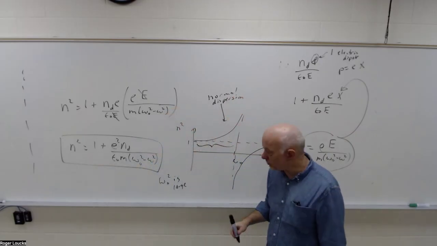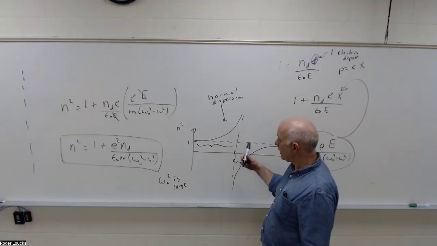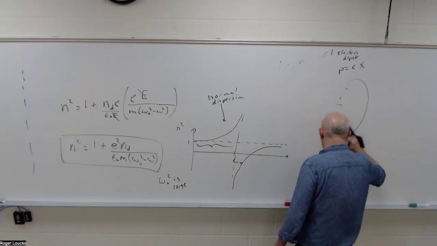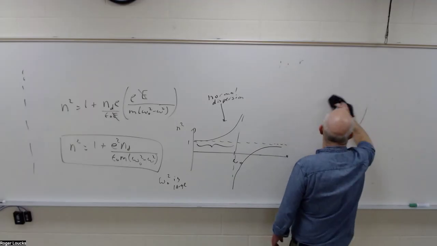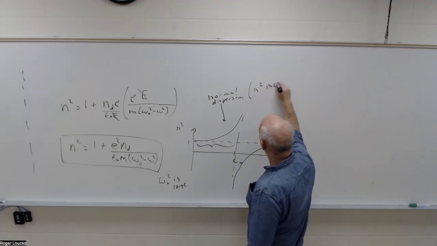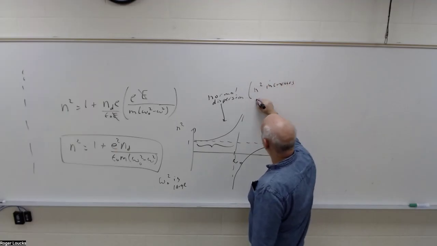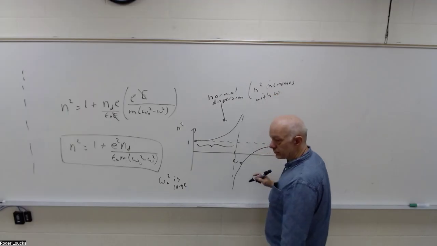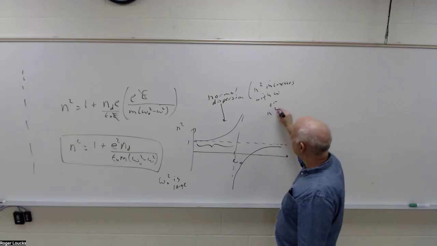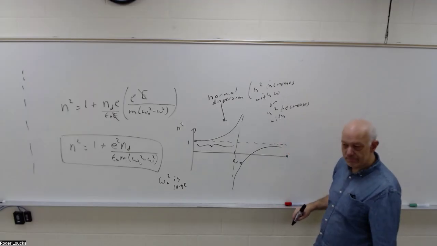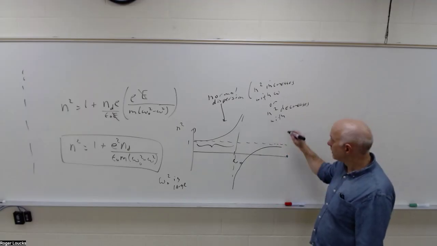Normal dispersion just means that your n squared increases with omega, or n squared decreases with wavelength.